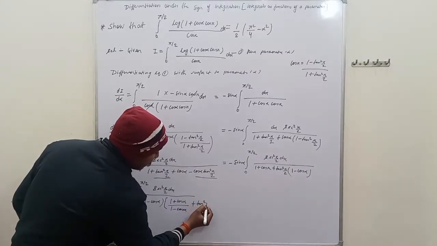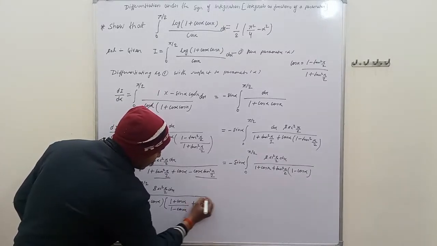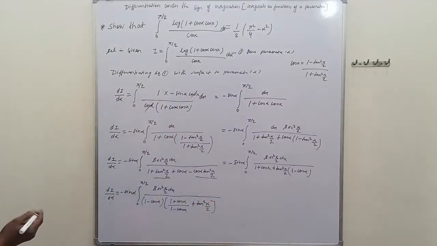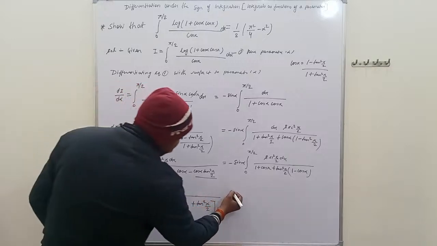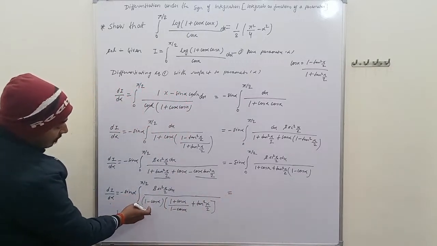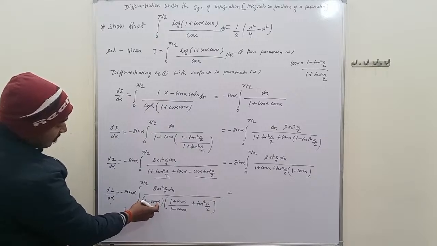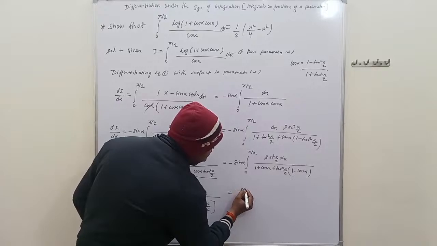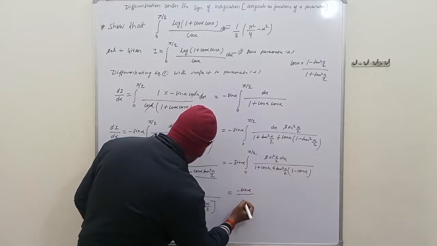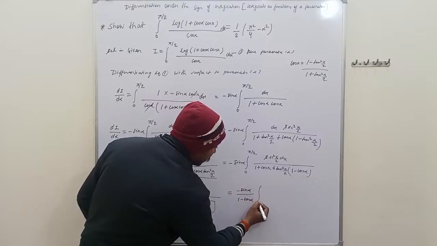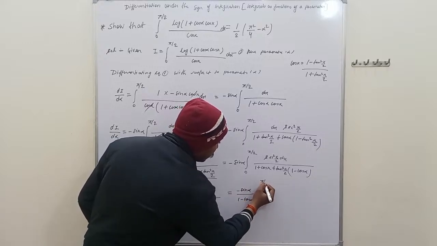Tan square x by 2, and further we can also write that as minus of sin alpha. In the denominator, 1 minus cos alpha is taken outside, that is minus of sin alpha upon 1 minus cos alpha, and the integral limit is 0 to pi by 2.